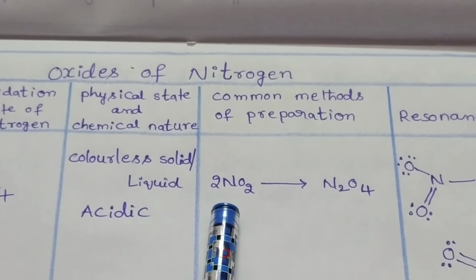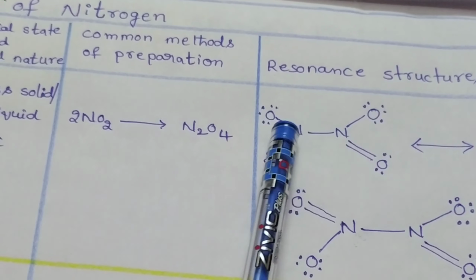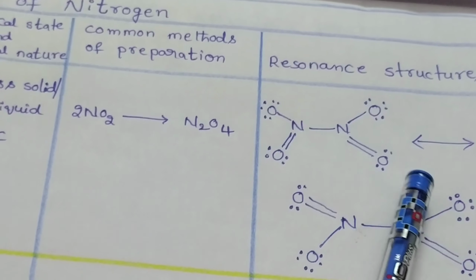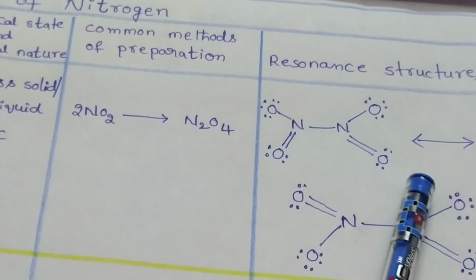Resonance structures: between the 2 nitrogens there is a single bond. Here both the oxygen atoms contain 3 lone pairs of electrons. Here these 2 oxygen atoms contain 2 lone pairs of electrons. Between the nitrogen and oxygen here there are 2 bonds. Here between the nitrogen and oxygen there is a single bond.